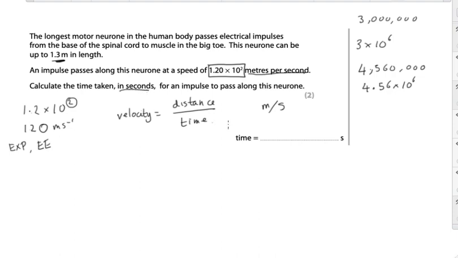Time has to be in seconds. So a little way to also remember this is if we draw a triangle, velocity is distance over time, and so distance is velocity times time, and time is distance over velocity.